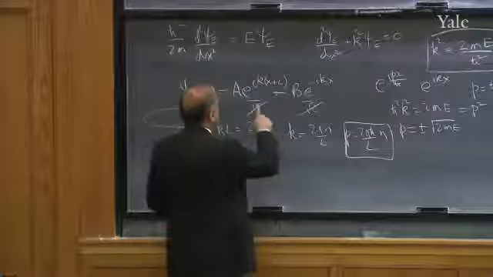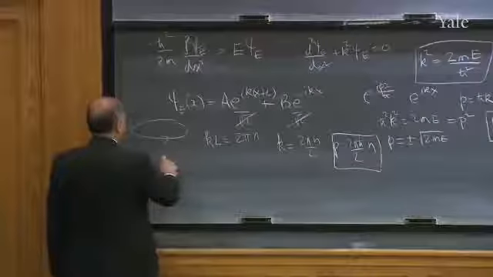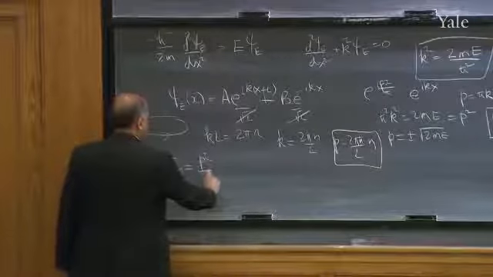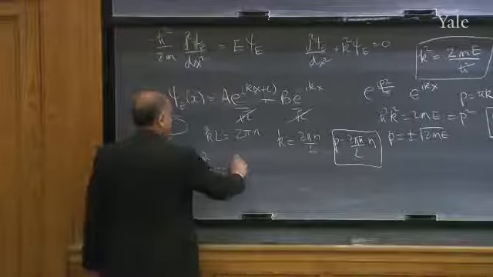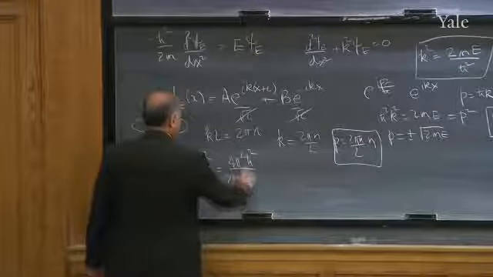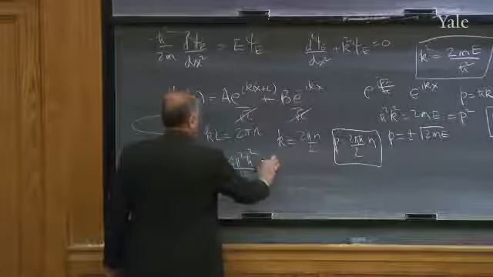So the allowed values of K or P are restricted in this way. The allowed values of energy then, which is P squared over 2m, are restricted to be 4 pi square h bar square over 2m L squared times an integer n squared.